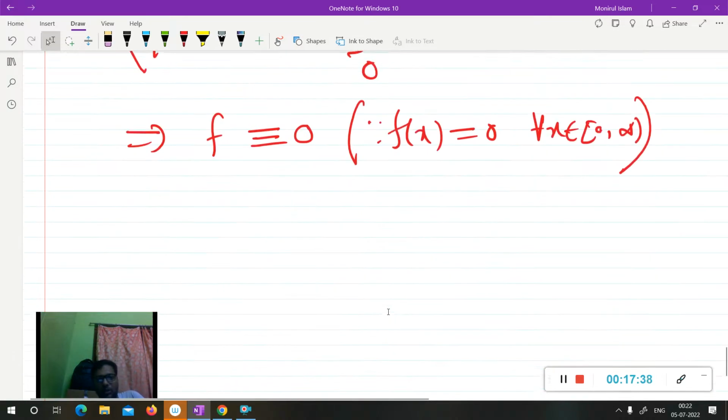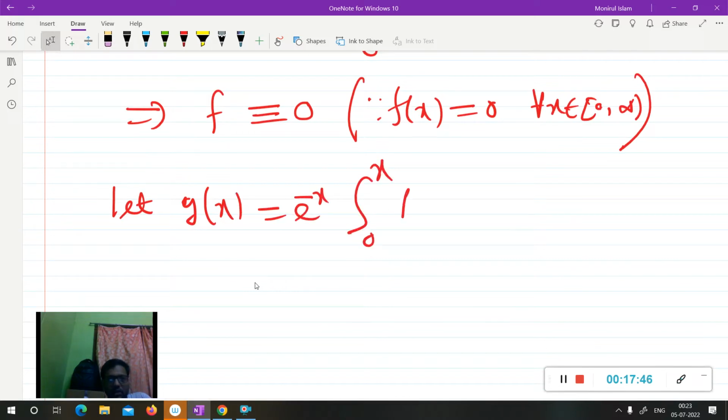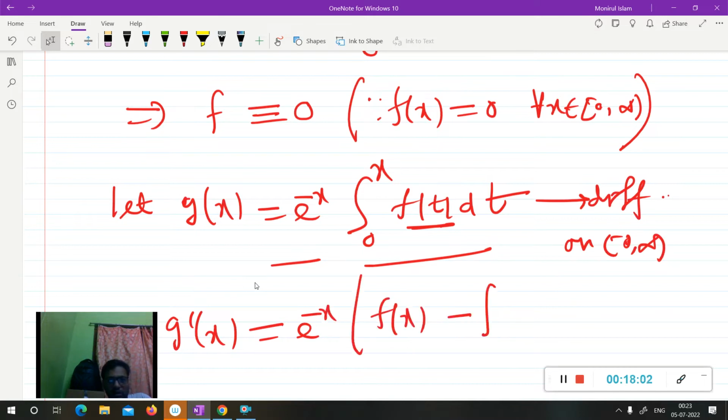You have to construct this function like this. First construct the function g(x) = e^(-x) ∫ from 0 to x of f(t) dt. Since f is continuous, g is differentiable on [0, infinity). If you differentiate, g'(x) = e^(-x) (f(x) - ∫ from 0 to x of f(t) dt).